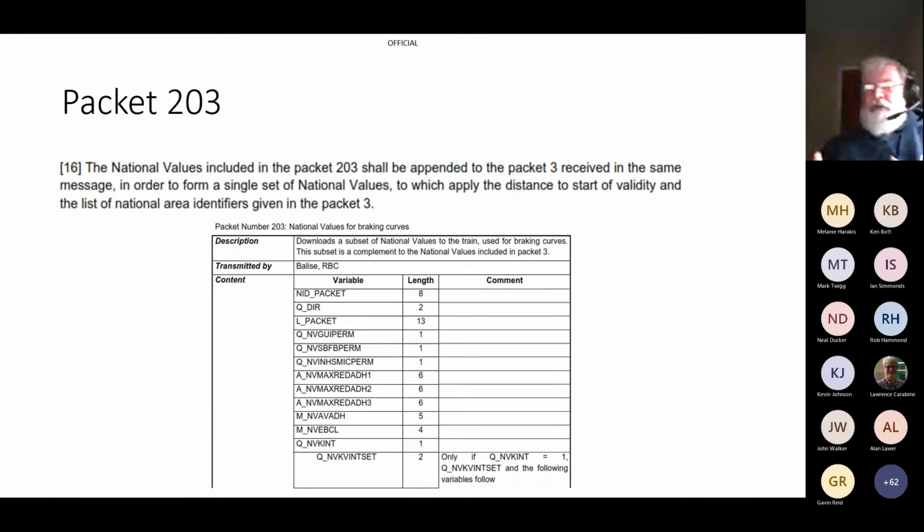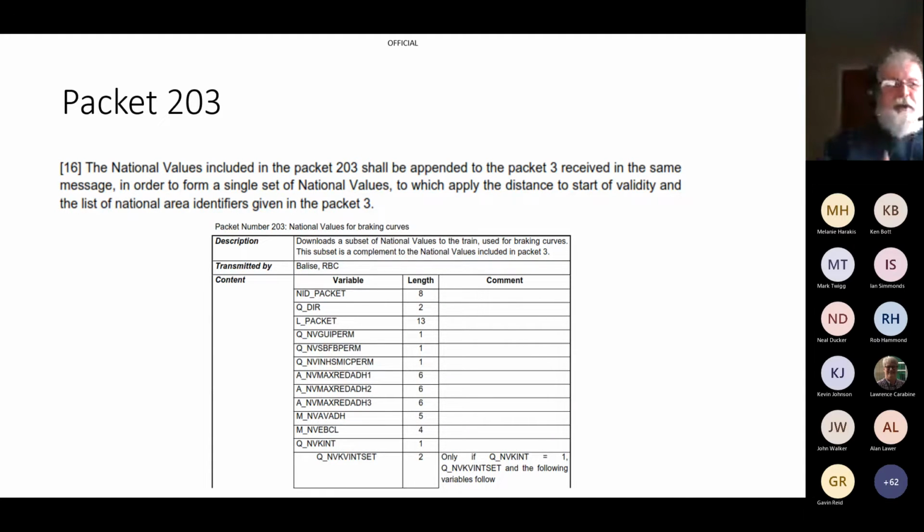So chapter 6 has amended what the onboard will expect from the trackside, and it has also said how to cope with something which will be sent. And packet 203 can only be sent by a baseline 2 trackside.